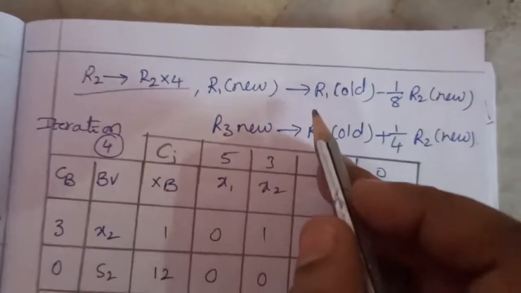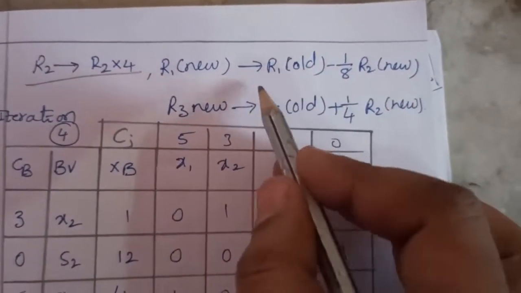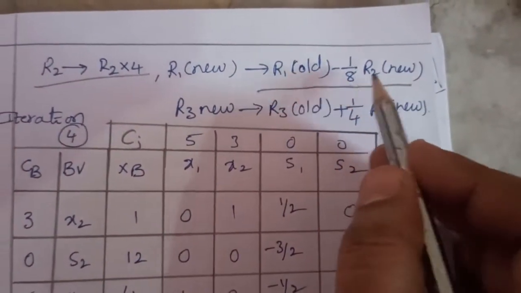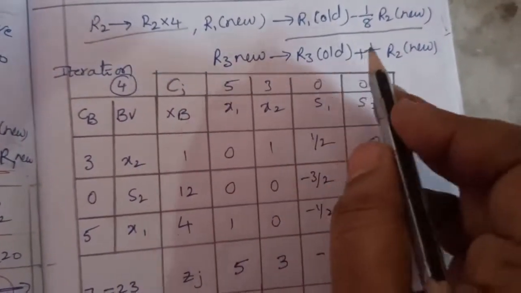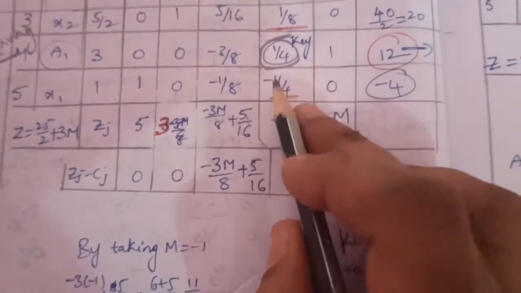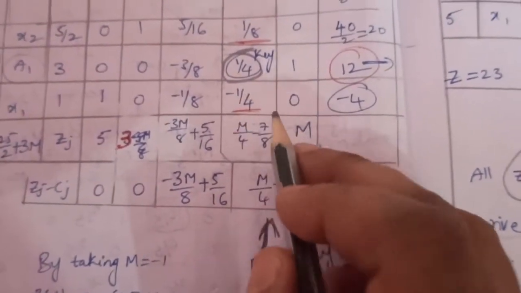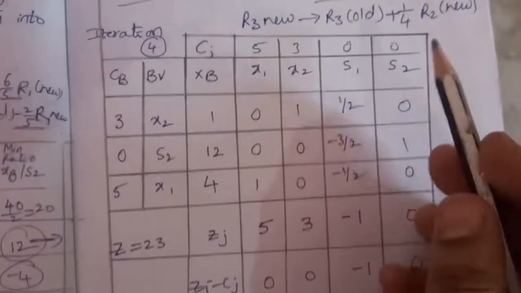So R1 changes to R1 old minus 1 by 8 into R2 new, and R3 new changes to R3 old plus 1 by 4. Opposite sign we have to take for this. In case here plus means minus we have to take. Here minus means plus we have to take.